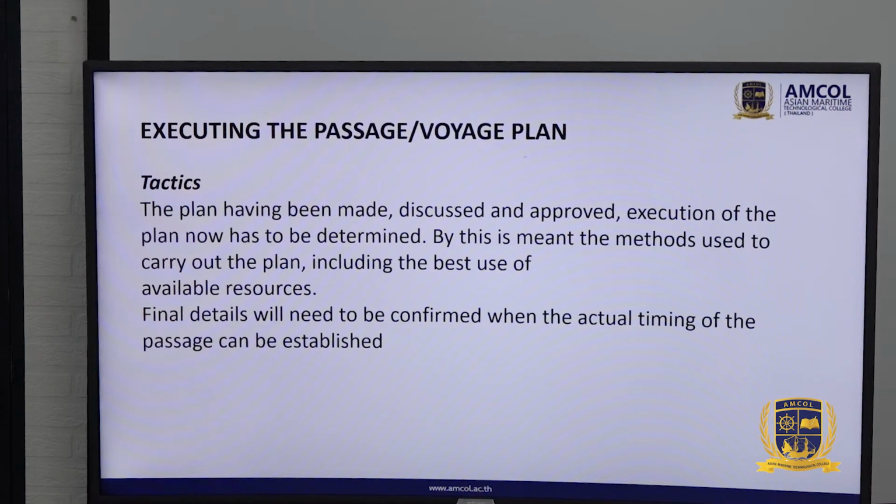So what it means is, once the passage planning is done, appraisal is done, and it is approved, then you should start plotting or executing the plan. Although you cannot proceed with this plan until the vessel has sailed or has completed the cargo and is scheduled to receive the pilot.